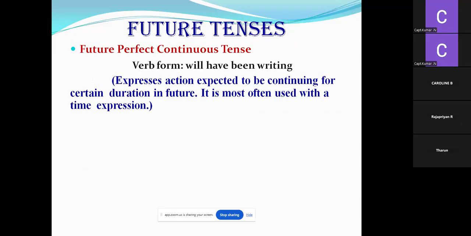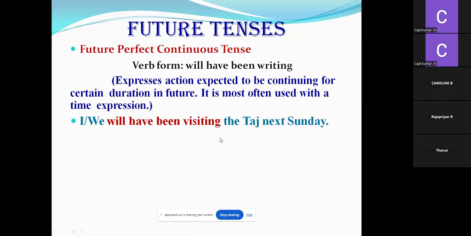in future. See this past perfect continuous, future perfect continuous, these tenses are mostly used by novel writers and story writers. So these tenses we mostly don't use in our day-to-day conversation.